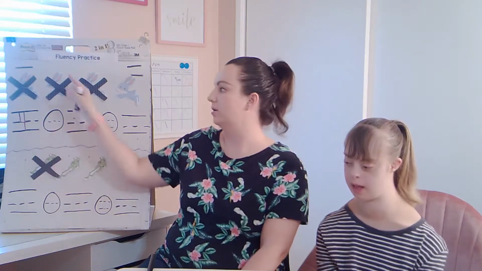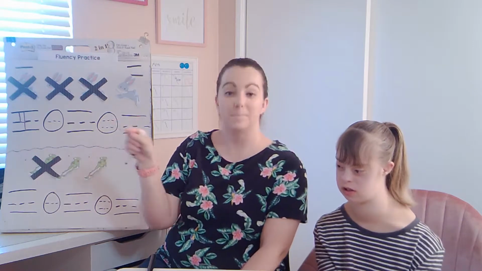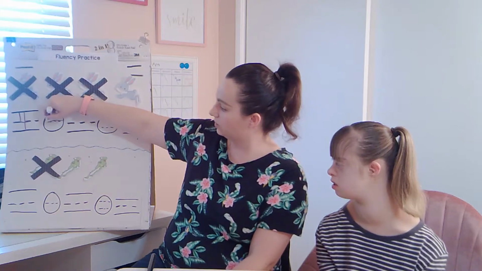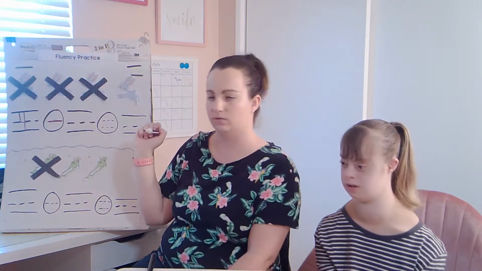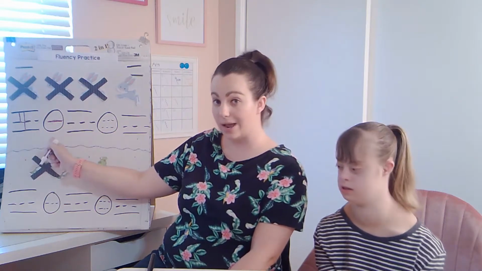What sign do we write next to show that bunnies are being taken away? The minus or take away sign, yes, so we'll trace that. Minus or take away, sorry that looked funky the first time. 4, minus or take away.